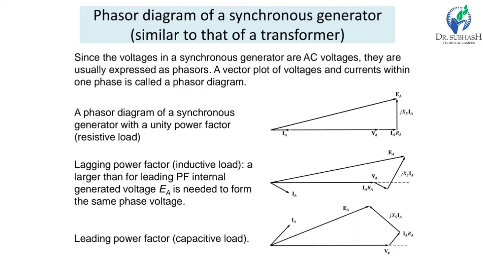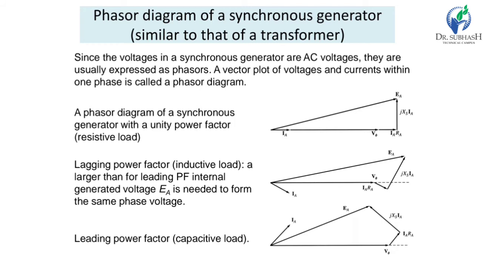Now we discuss the phasor diagram of the synchronous generator. We know that the phasor diagram is a very significant factor in power system analysis, as the output of the synchronous generator is alternating current, so it can easily be explained by the phasor diagram. If we draw the output voltage and current geometrically, they show some relation among them.